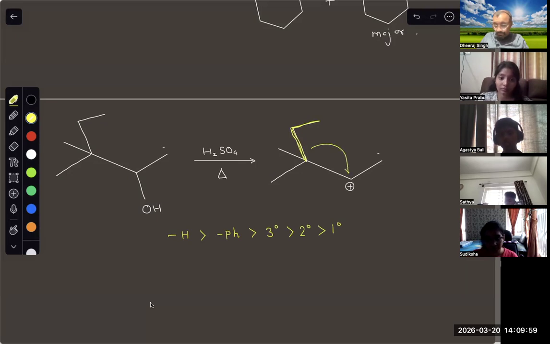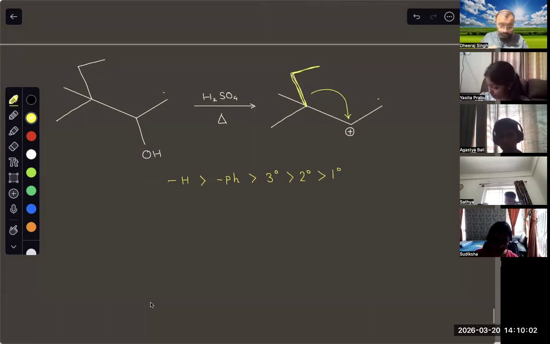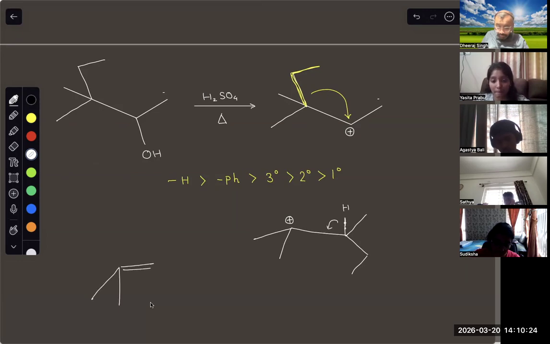Now this alkyl will shift over there, and you have a positive charge there. And there's a hydrogen here whose electron can create a pi bond, and a more substituted alkene gets formed like this.